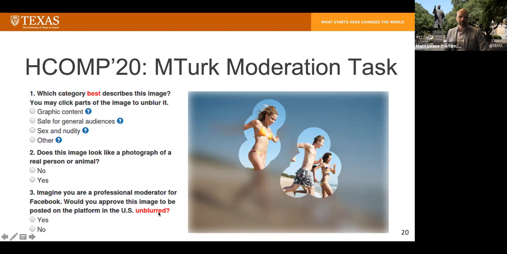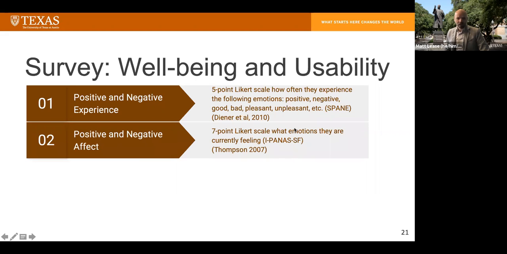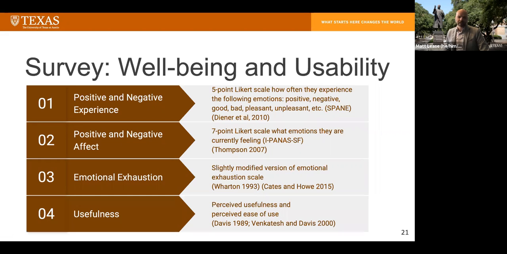So things we measured were, in terms of psychological effects, positive and negative experience. So this used a 5-point Likert scale of whether people experienced negative or positive emotions, positive and negative affect, a 7-point Likert scale about the kinds of emotions people were currently feeling, emotional exhaustion, and a notion of usefulness and ease of use.